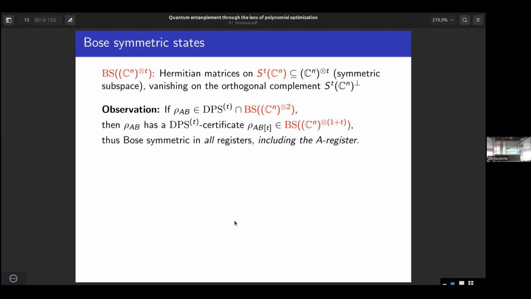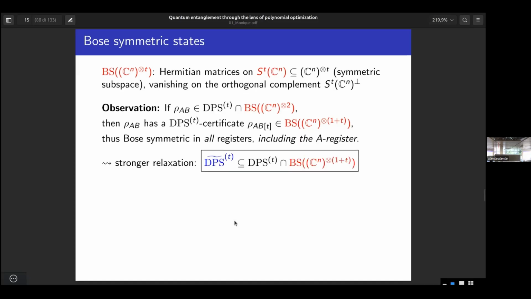Then it makes sense to look at how the whole thing specializes in this setting. And it specializes in the hierarchy DPS tilde T, which is the same as DPST, except that you have the bosonic symmetry in all T+1 copies. This is more symmetric, so it's contained in the initial one, and it's contained in the bosonic symmetric states. And a nice open question, actually: we do not know whether there is equality here.